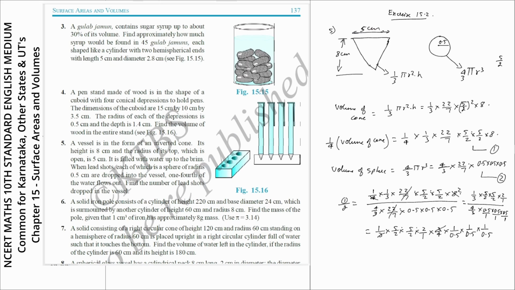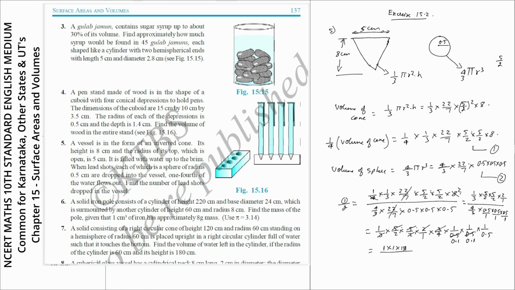I can cancel this 2 and this 2. Now 5 ones are 5, 5 ones are 5, that is 0.1 I will get. Again 5 ones are 5, 5 ones are 5, 0.1. Okay, now I am left with, in the numerator, nothing left. So nothing is there means it is 1. Or 1 into 1 into 1, there are 4 ones.